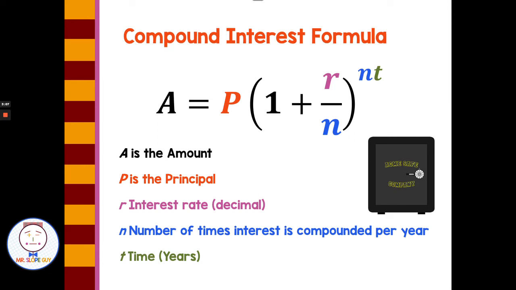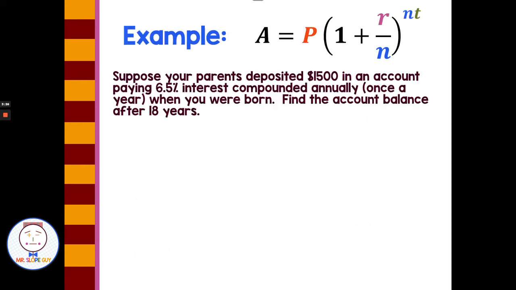So we could have annually once a year, we could have semi-annually twice a year, we could have biannually twice a year, we could have monthly 12 times a year, and then our time in number of years would be T. So hopefully you have that all written down, and let's move forward with some examples.